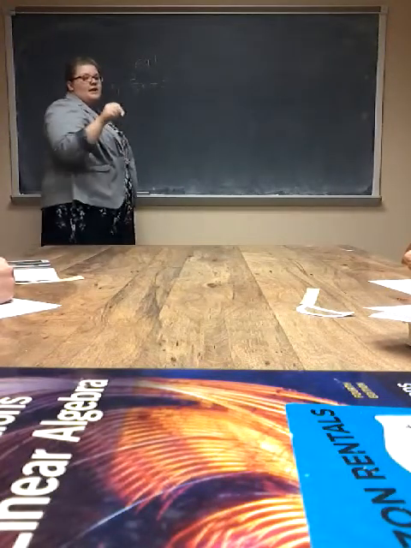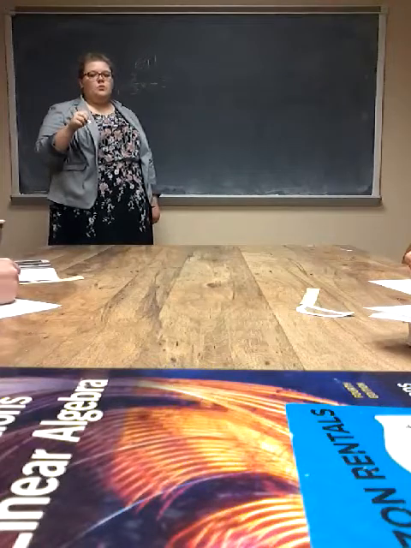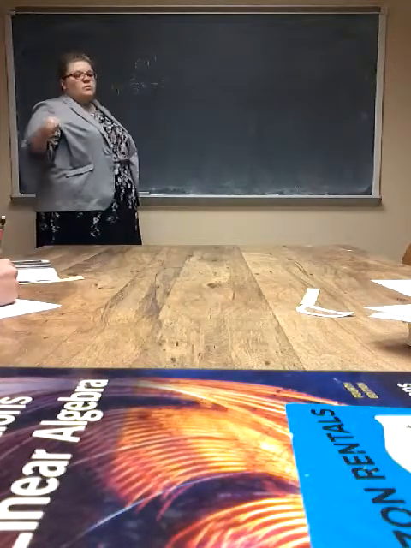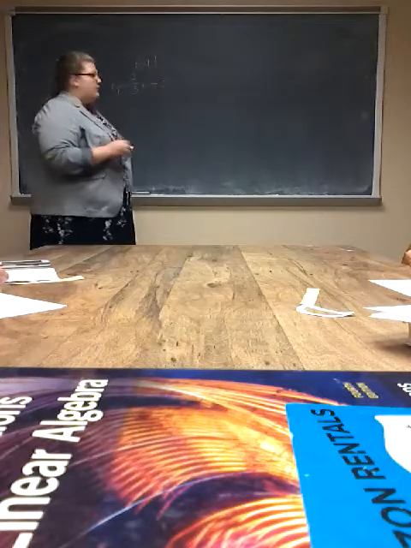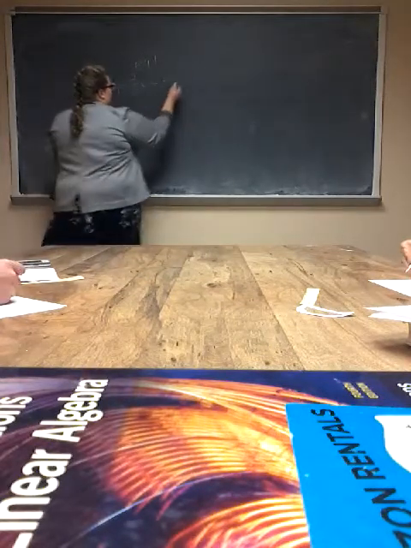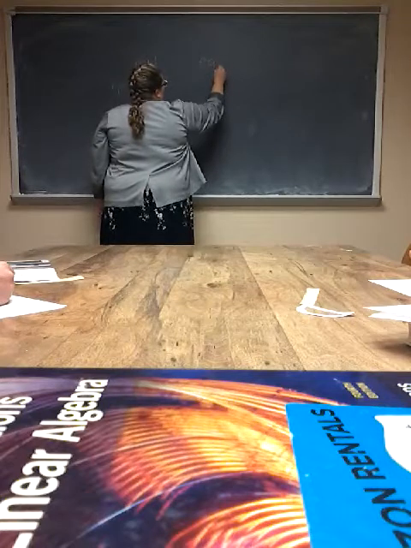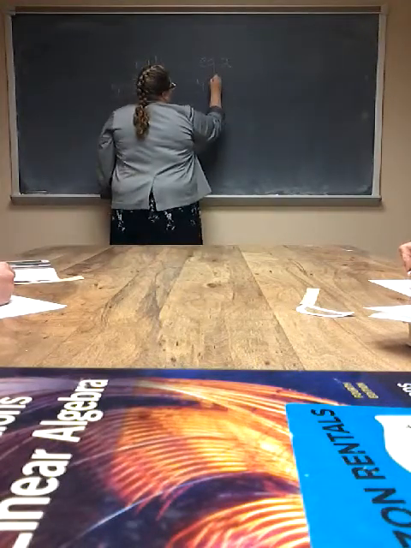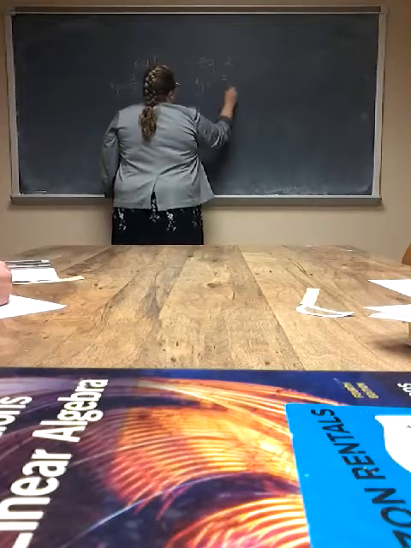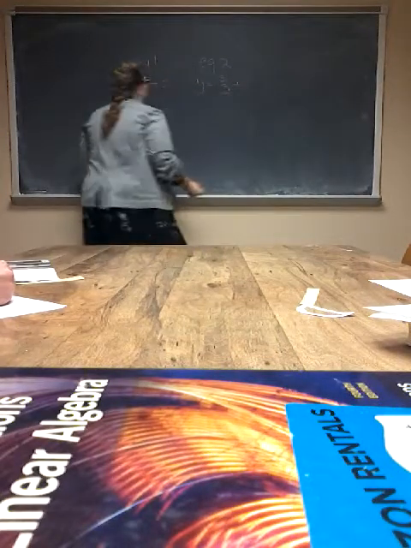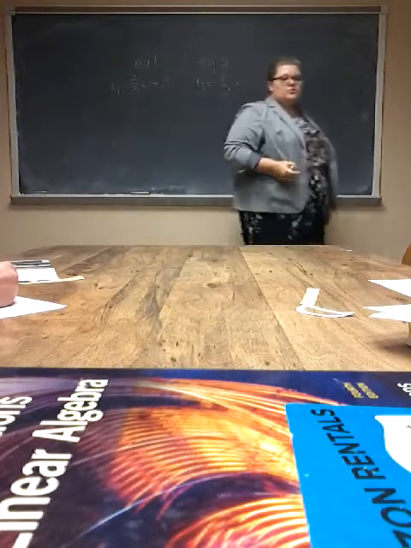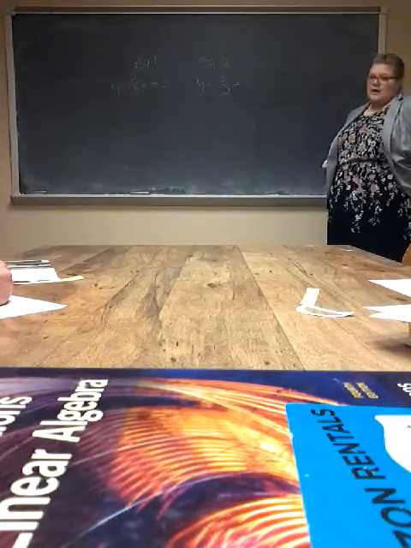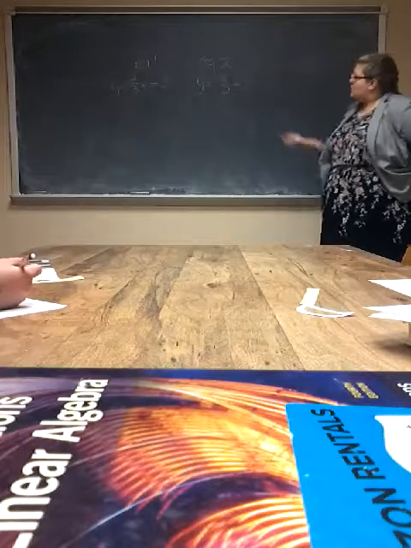Each one of the lines on the graph is just 1. So when you're graphing, it's going to be 1 for each line. So you should have y equals 2/3 x plus 3, and y equals negative 3/2 x plus 3.